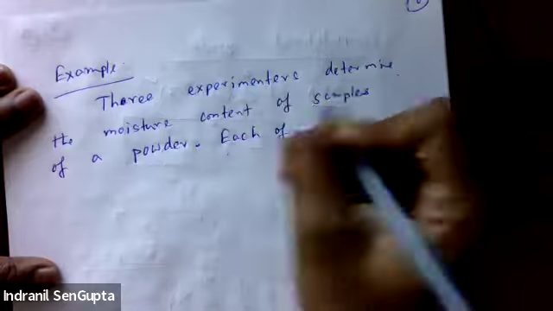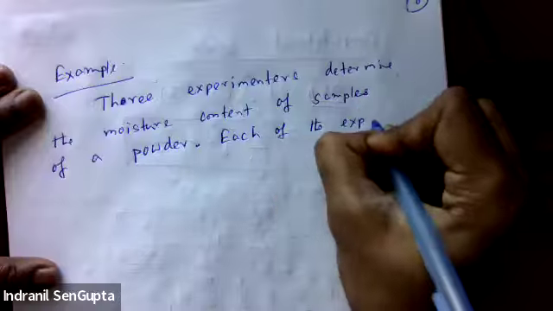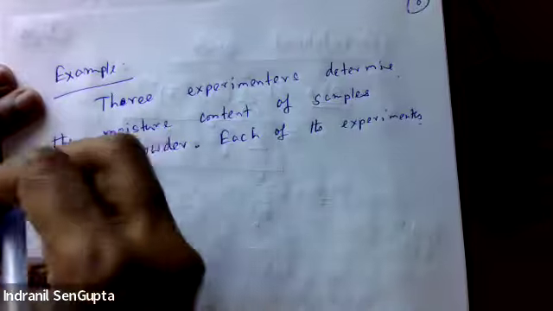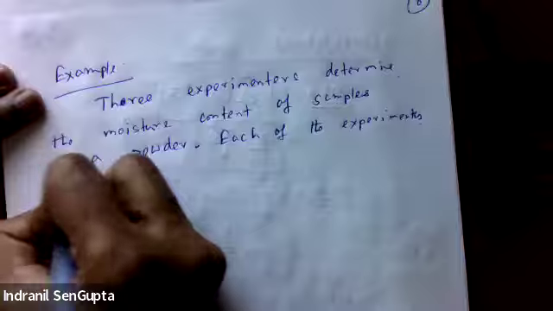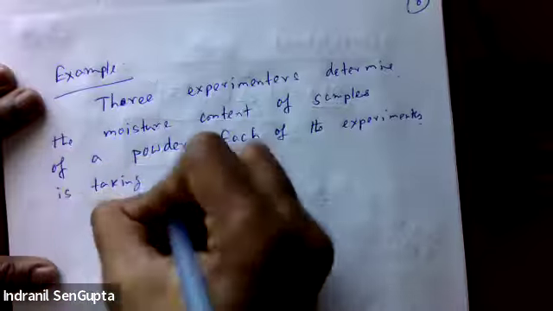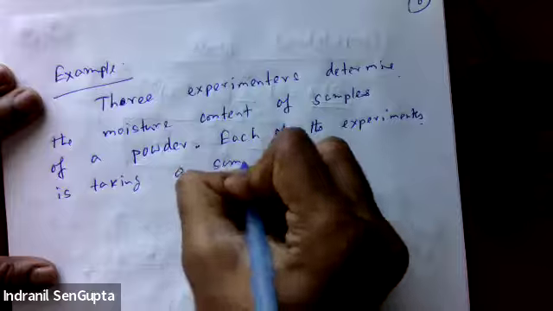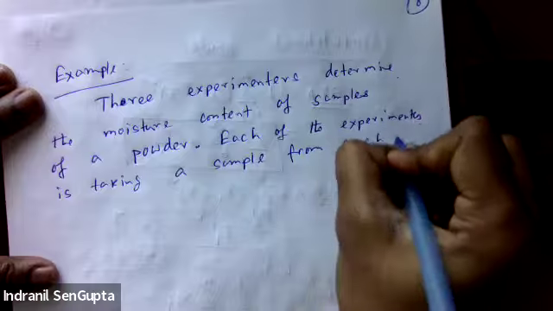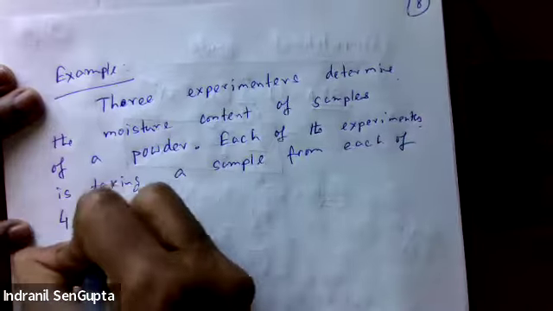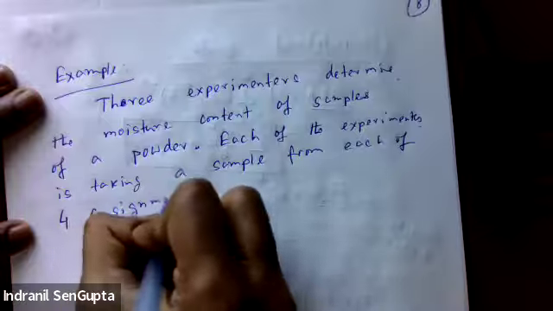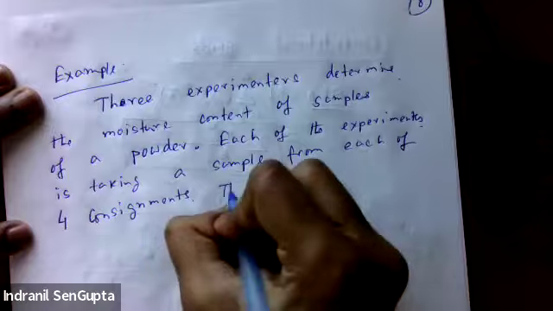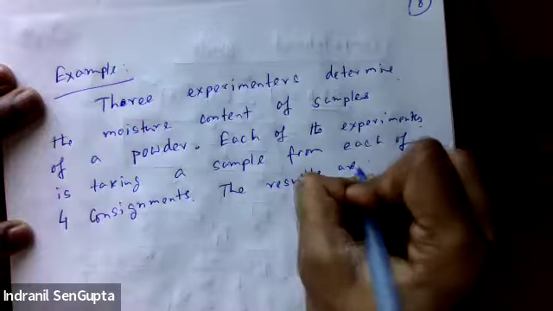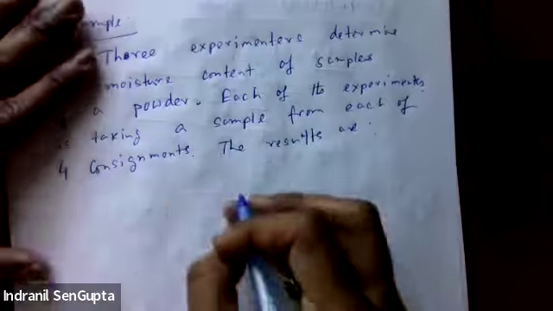Each of the experimenters is taking a sample, that means one sample, from each of 4 consignments. The results are given below. Okay, so here's the deal.